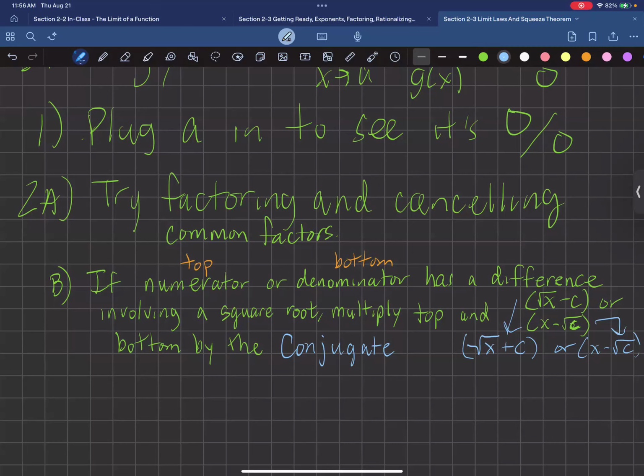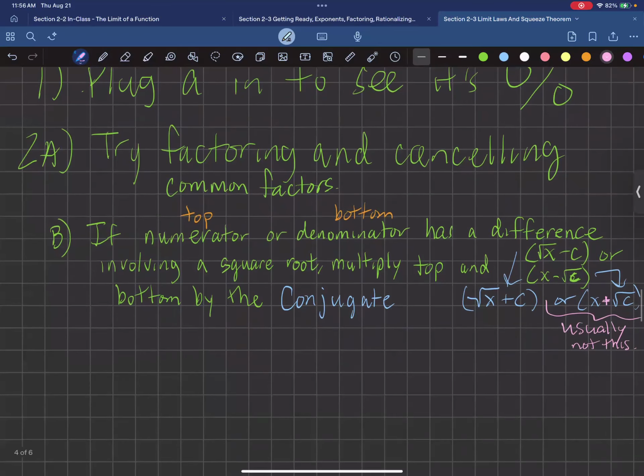It's usually not this one. Let's just say a plus. Square root of c is generally not a problem. It's usually when the square root is on the x. We'll look at an example of that in a second.